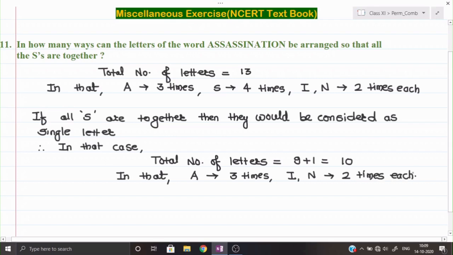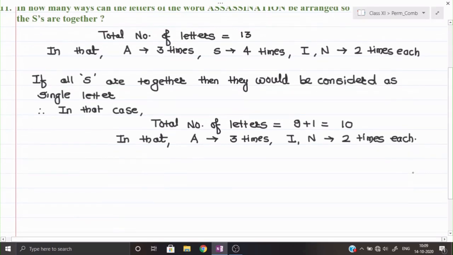Right? So now we shall use the formula of finding the number of words, factorial n upon factorial p into factorial q into factorial r. That formula we used in exercise 7.3.